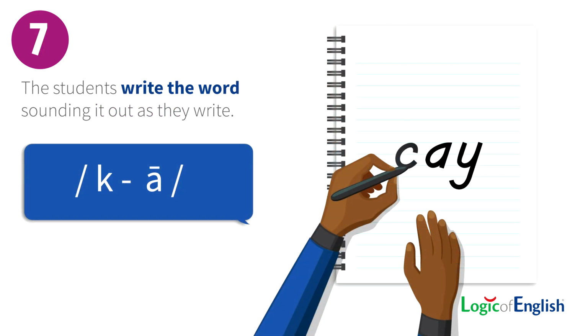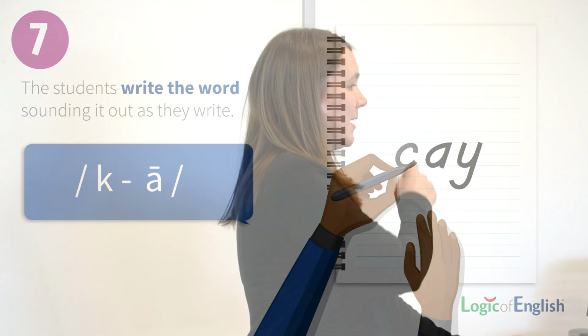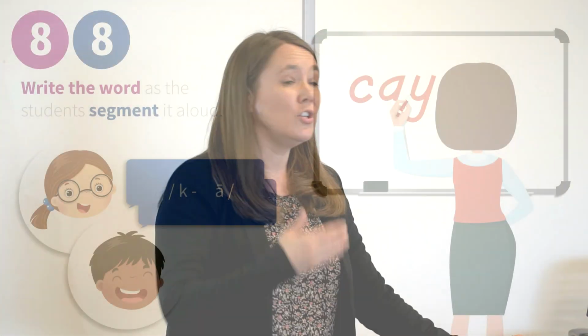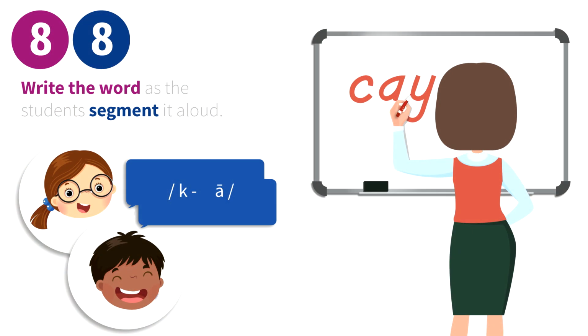Then the students will write the word, sounding it out as they write it, K, A. And then you will write the word. Go ahead and hold up your notebook and write it as I sound it out.